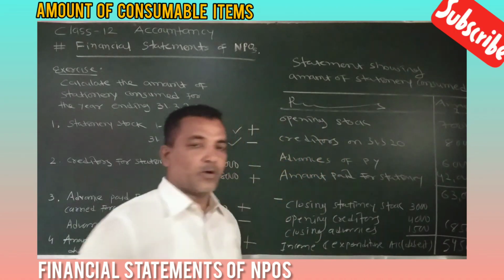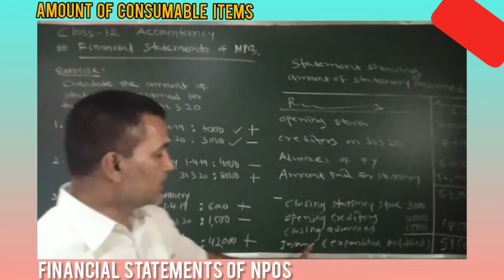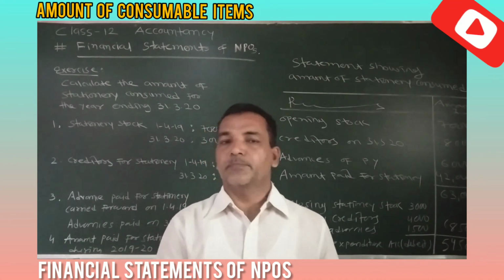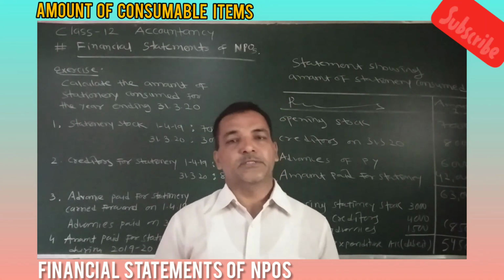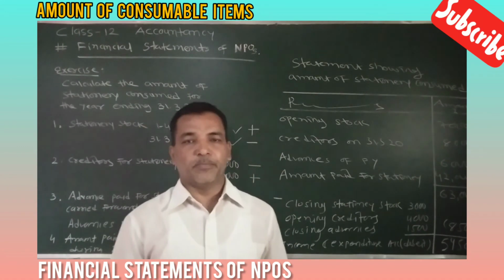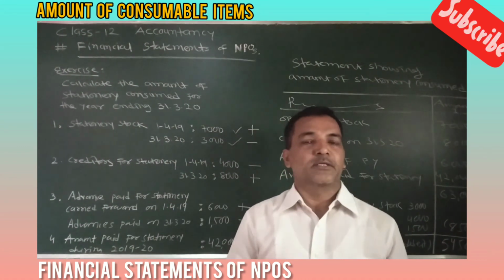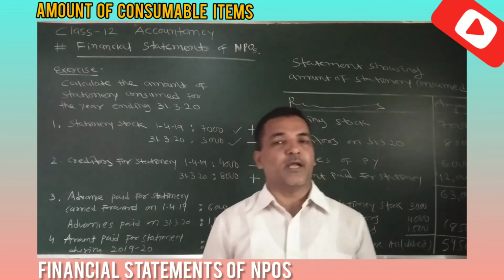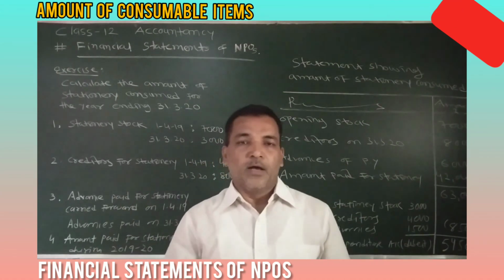This is the amount of stationery consumed, and this amount you will write in the income and expenditure account on the expenditure side. So this is all about preparing the statement. The same thing you can find by the account method also. Then you can try. The answer will remain the same.